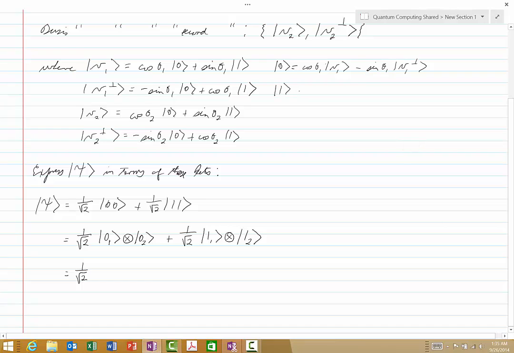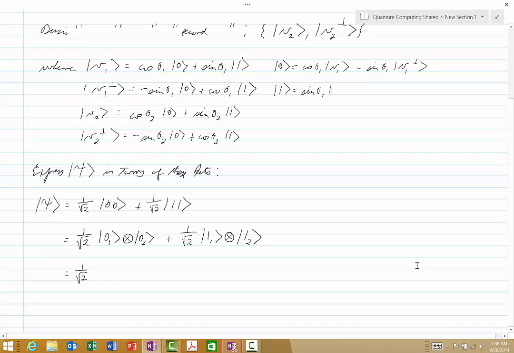Similarly, if we want to write the |1> in terms of V1 and V1 orthogonal, we should do the following. Now, actually, this won't be needed here, but it will be needed right here.